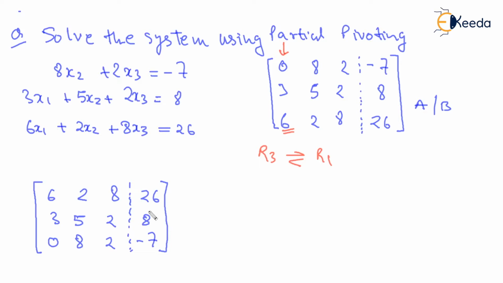After changing the rows for this column, we'll make the other elements zero except the pivot element. This is already 0, we have to make this one 0. Let's take this as row 1, this is row 2. So the operation required is R2 is R2 minus half of R1.